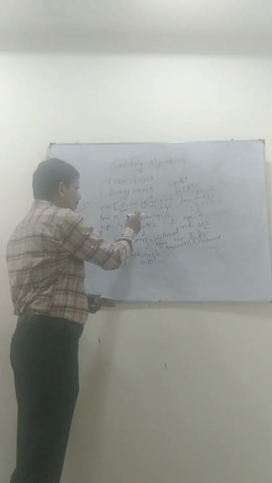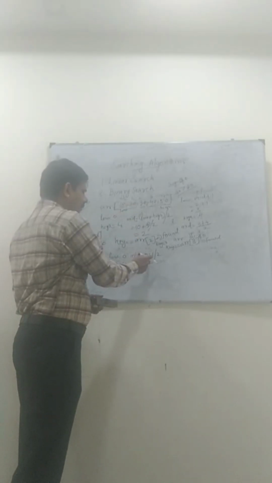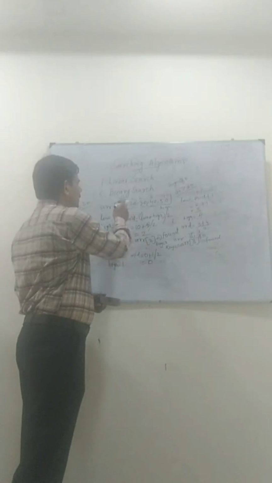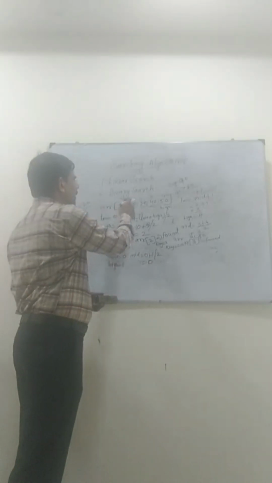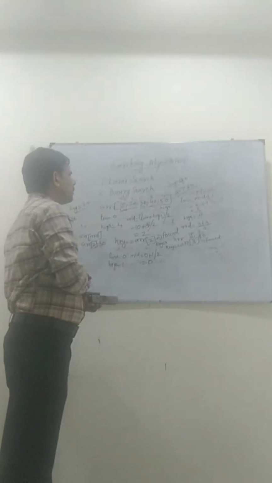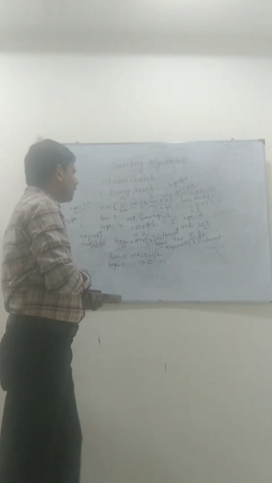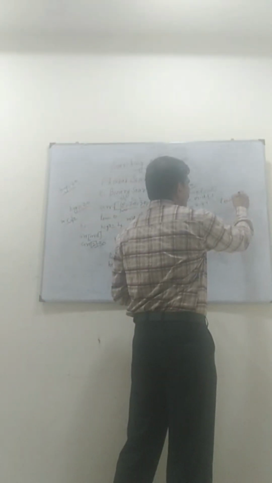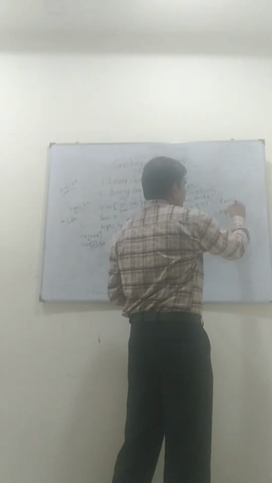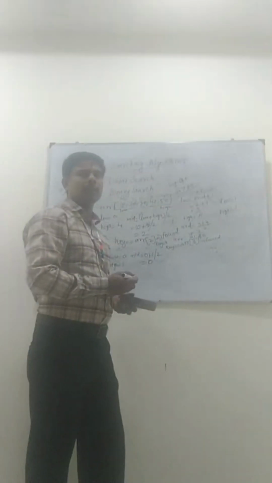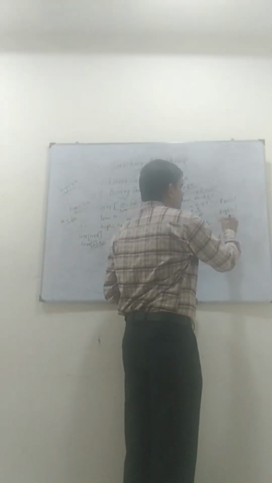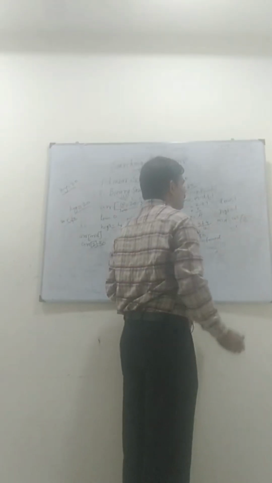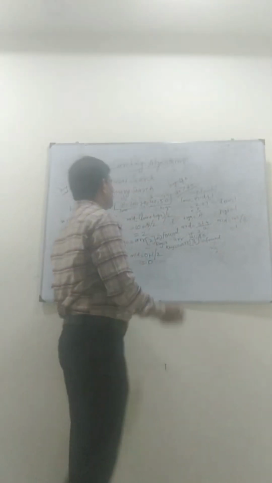Our mid element is array of 0. Now the search element is greater than the mid value. Therefore, now low equals 1 and high equals 1. Now mid value becomes 1 plus 1 divided by 2, that is 2 divided by 2, 1.